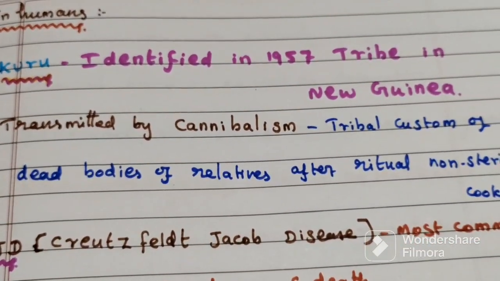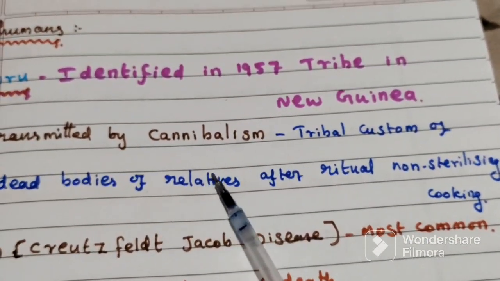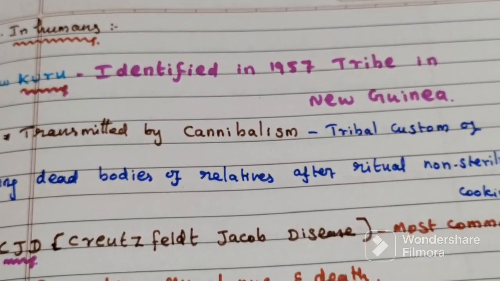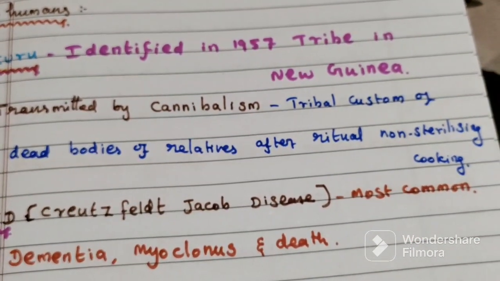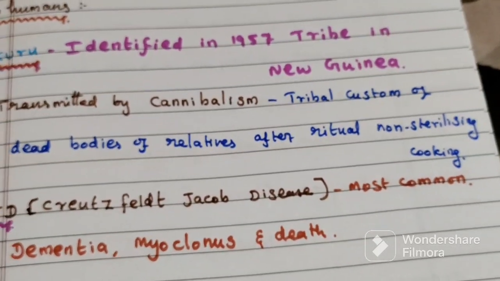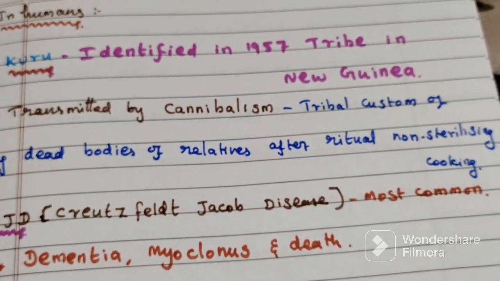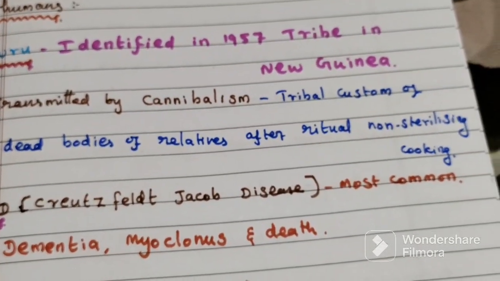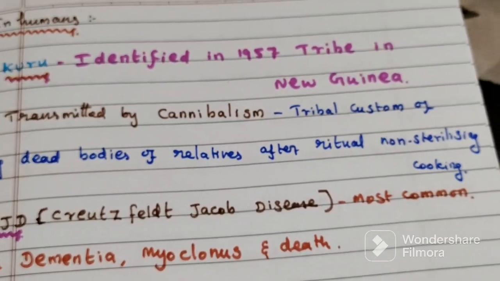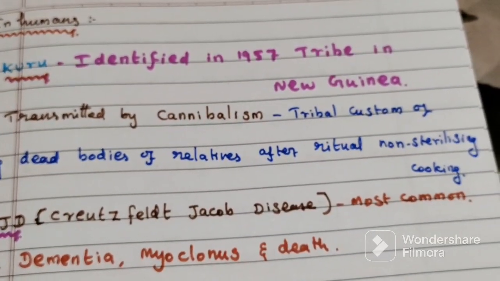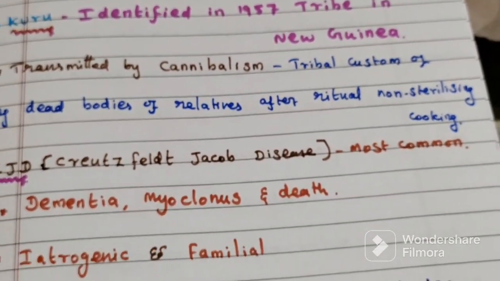Infection is believed to be due to cannibalism, the tribal custom of eating dead bodies of relatives after ritual non-sterilizing cooking. After the abolition of cannibalism, the disease has disappeared.